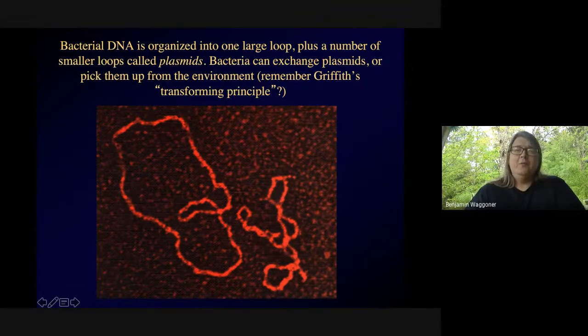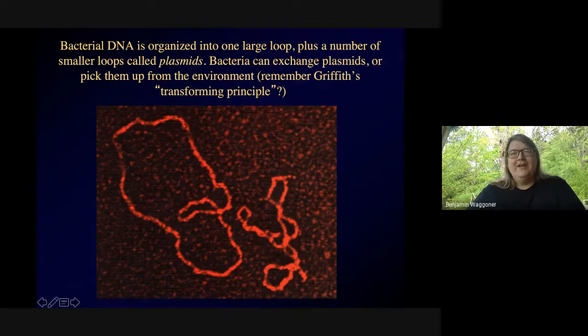Bacterial DNA forms these loops, and the DNA that makes up that nucleoid is one ginormous loop. In addition to that, a bacterium can have a number of smaller loops containing genes called plasmids. That's a picture, again taken with a transmission electron microscope, of a couple of bacterial plasmids.